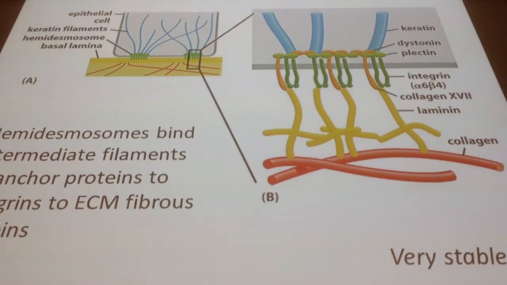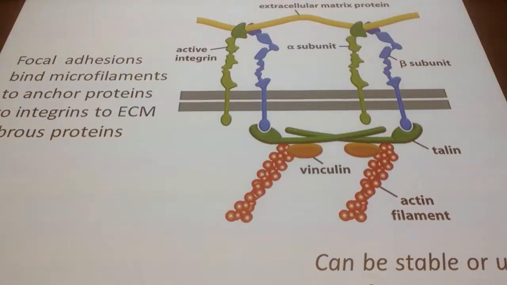Okay? And that is what focal adhesion or focal contacts do. Focal adhesion or focal contact is also a cell to extracellular matrix interaction. So both hemidesmosome and focal adhesion form cell to extracellular matrix adhesion.